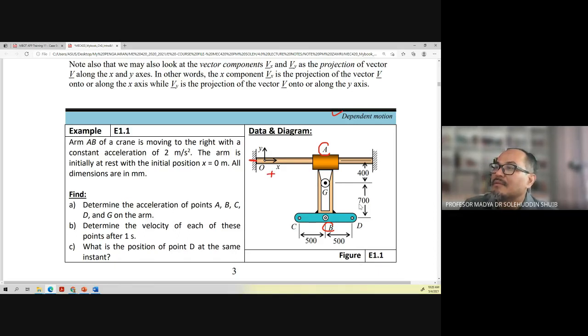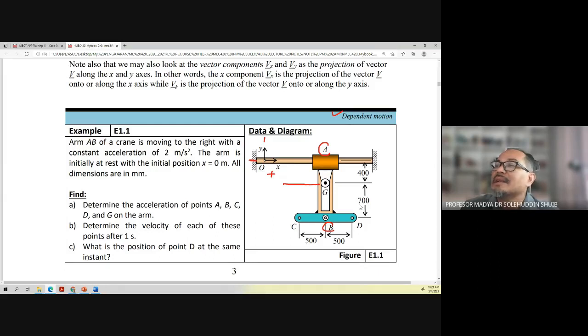Okay, positive, positive. Okay, and then you are given the distance here. Okay, the unit is in meter. 400 meter. From G to B is 700. And then C to B, B is in the middle, so we have 500 each. Okay. So what happened to this arm?